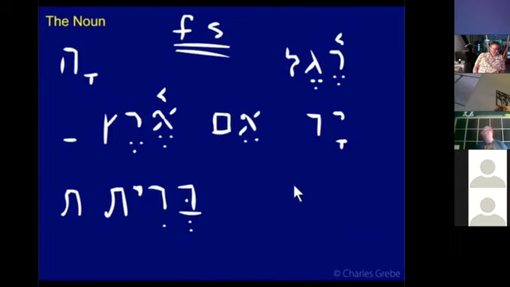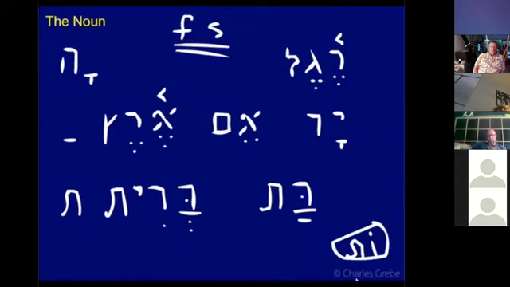Or another example would be bat, which means daughter. So here we have two feminine singular nouns that end with tav. In the plural, however, they all go to ot. So the plural is easy. It's the feminine singular that has these three possibilities.